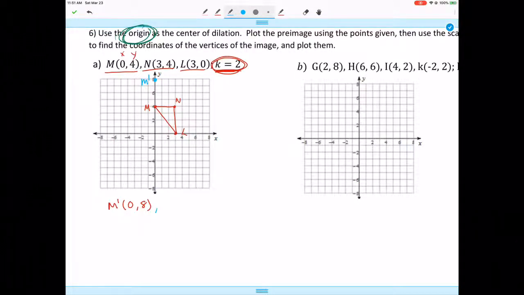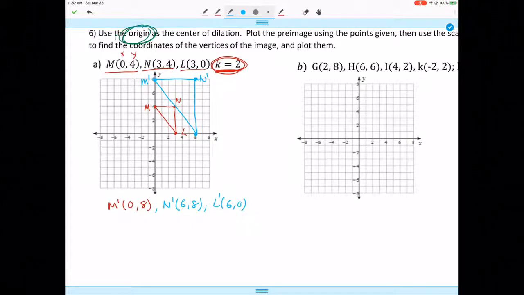And then N prime, we'll multiply that by 2, so that gives us 6 and 8, which is right here. This will be N prime. And then the last one is L prime, which is 3 times 2 is 6, comma 0. Right here, we'll connect those dots, and then we have our image.